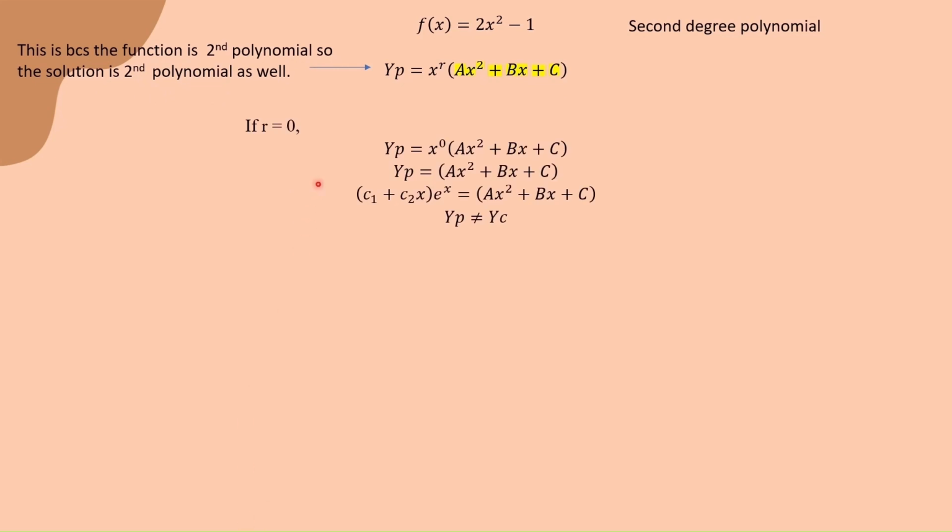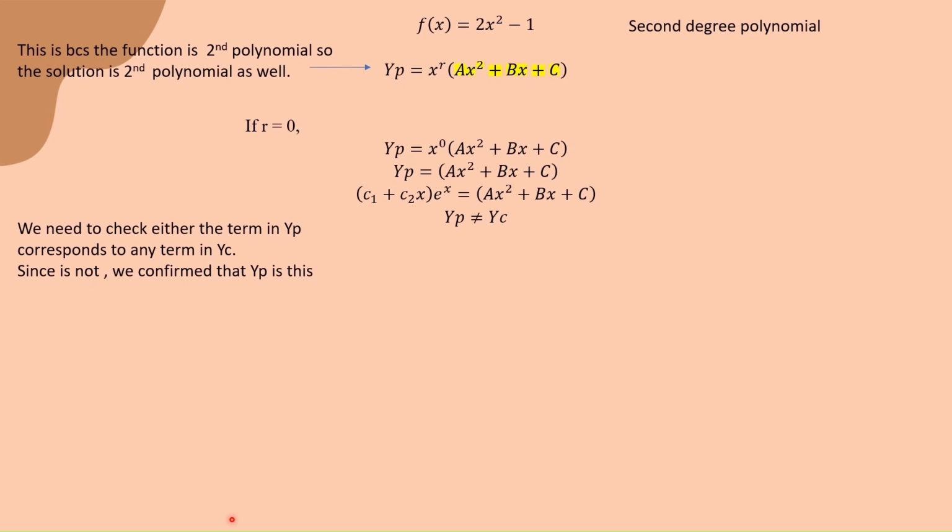So after that, we need to assume r equal to 0, and then we substitute r equal to 0 into the yp solution, and then we will get yp equals ax squared plus bx plus c. Then we need to compare yp and yc to check whether any term in yp corresponds to any term in yc.